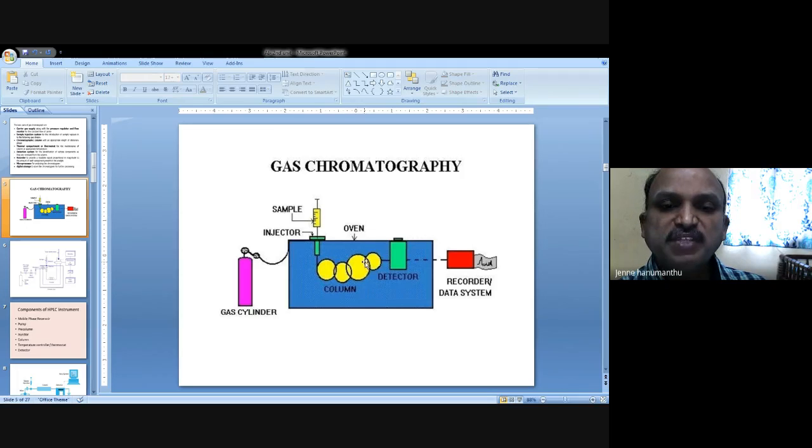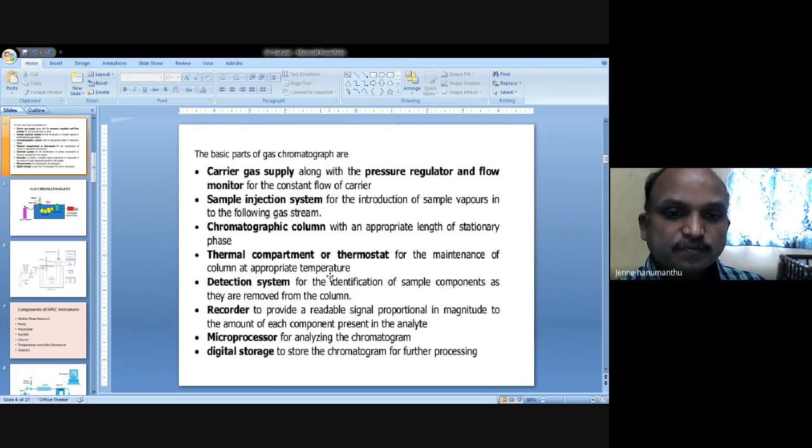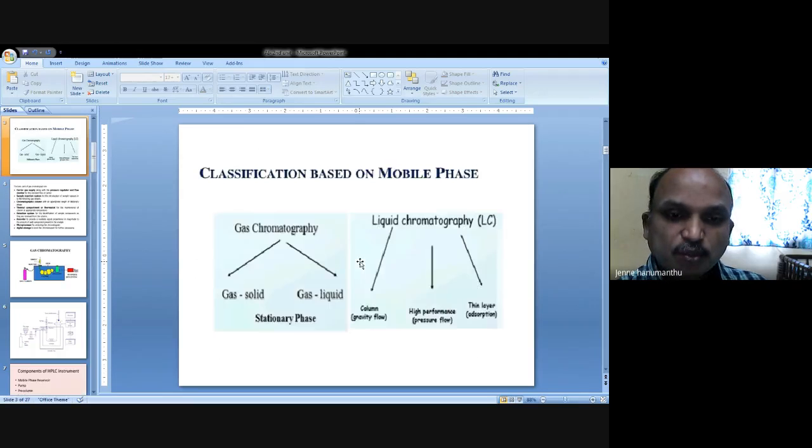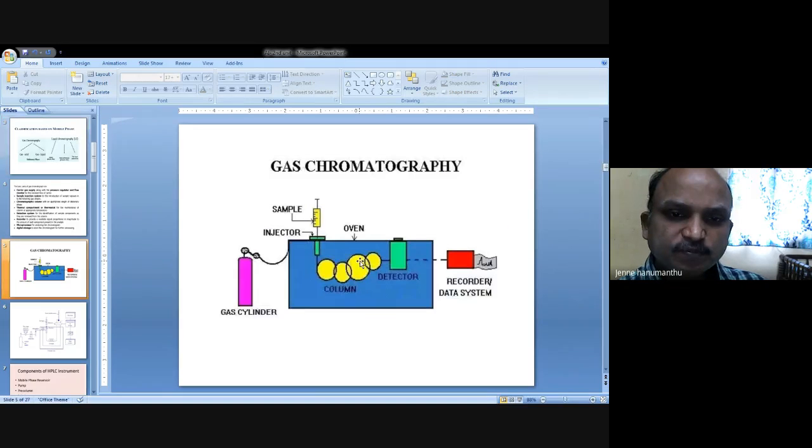The column is within the oven. And the thermal compartment or thermostat, which means we have an oven. We need to heat the column as per our requirement at the desired temperature.